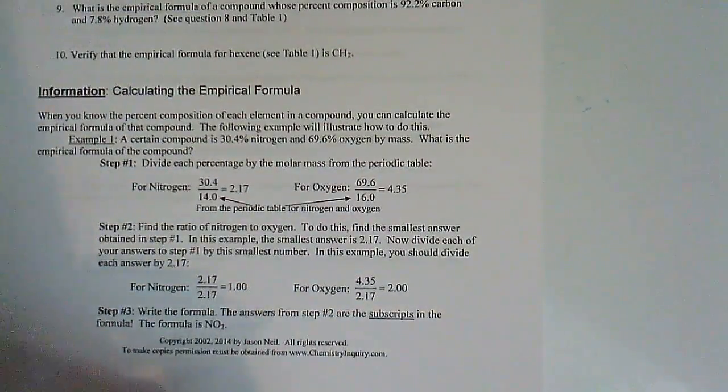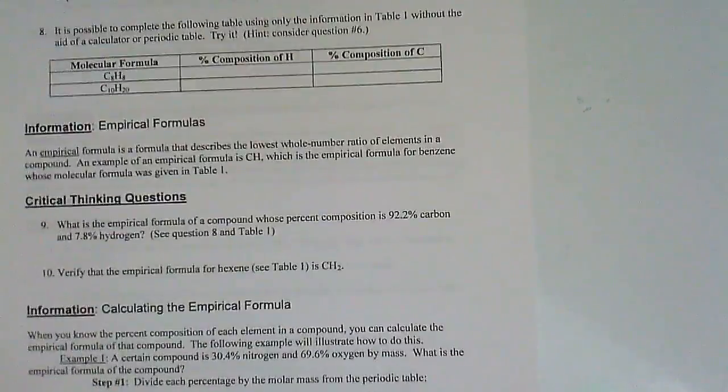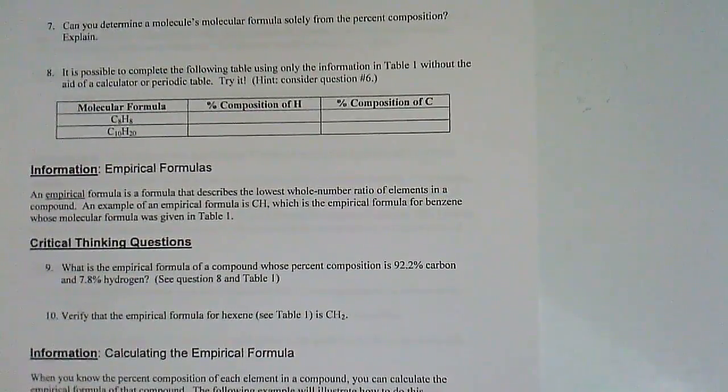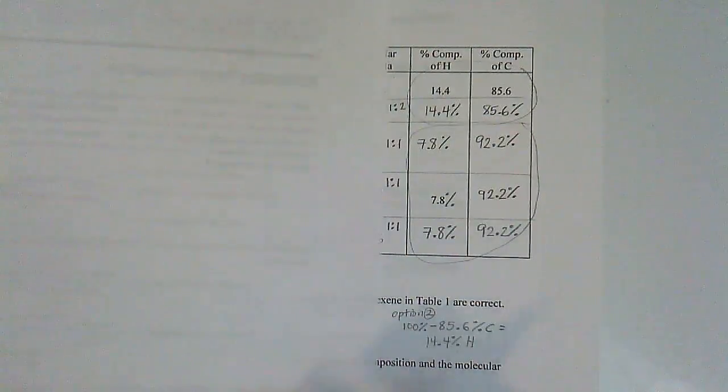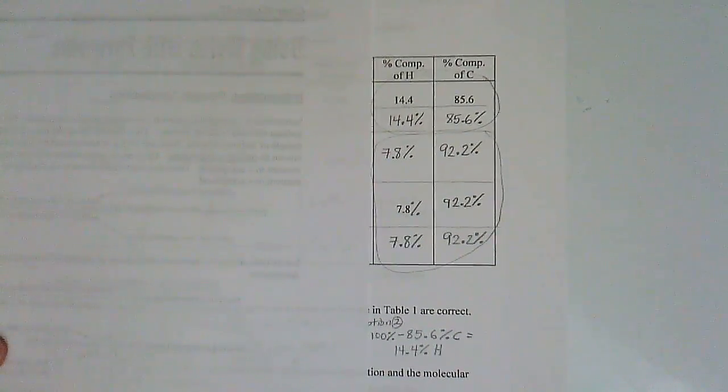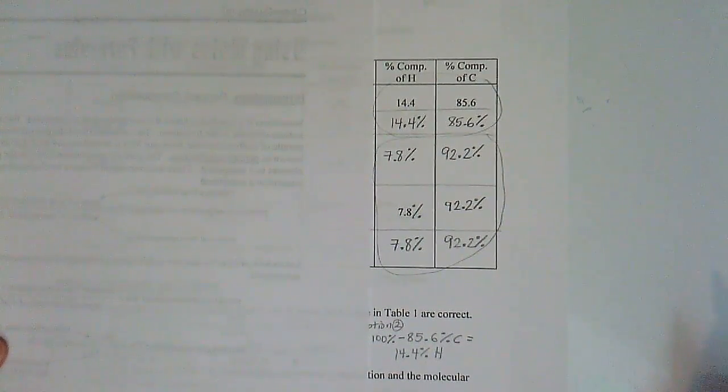All right, question number 7. Can you determine a molecule's molecular formula solely from the percent composition? So again, what this is saying in this question is, okay, if all I can see is the percent composition, do I know what the molecular formula for this compound is?